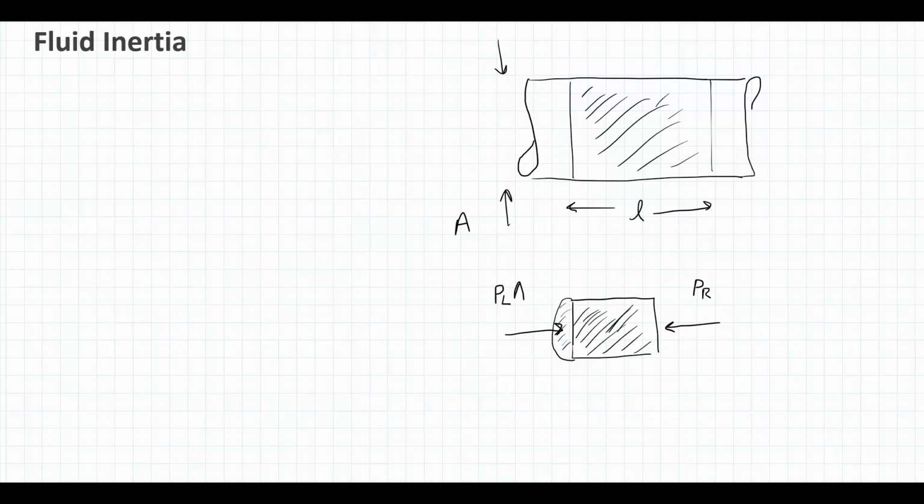So it's going to be the pressure times the area, assuming uniform pressure across the surface of the left side and the right side. Again, it's constant cross-sectional area, so the A's are going to be the same on both sides. So those are the forces acting on this little segment of fluid, and that will be equal to, well, the inertia of the fluid.